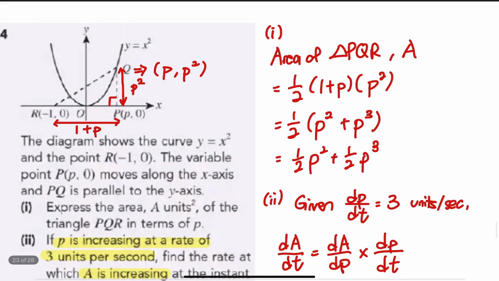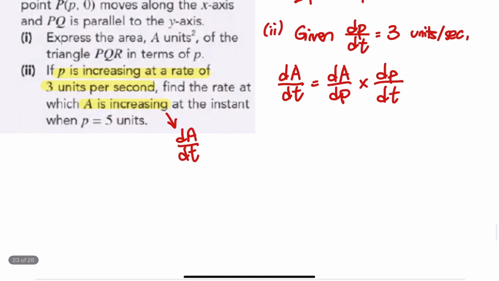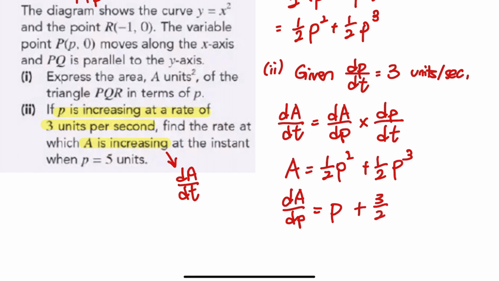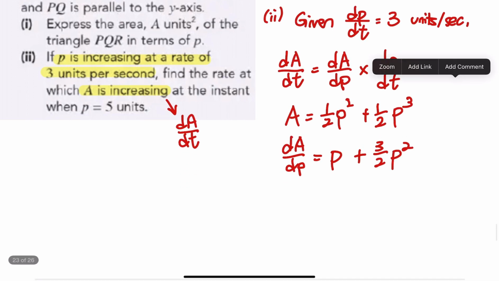So I look at part 1. I'm given A, and this expression here is all in terms of the variable P. Since from part 1, A equals half P squared plus half P cubed, dA over dP is simply P plus 3 over 2 P squared. Therefore, the question says find dA over dt when P is equal to 5.